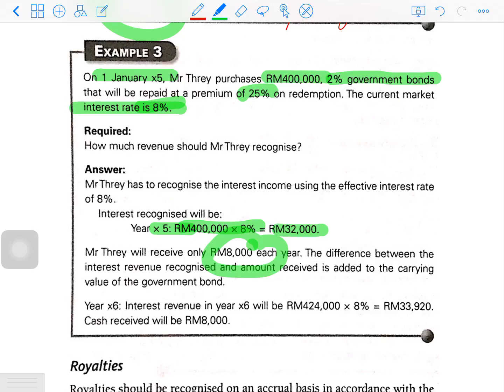The difference between interest revenue recognized and amount received is added to the carrying value of the government bond. So in X6 it will add again. Each year, 424.